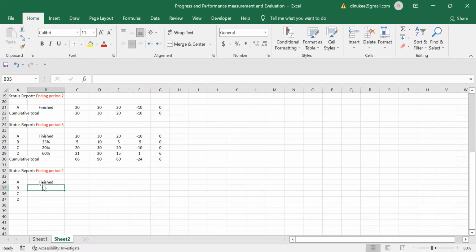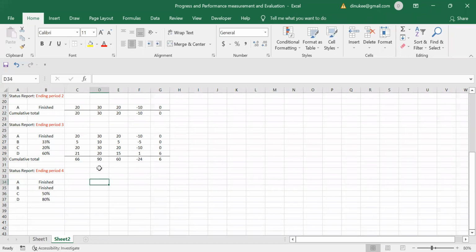Right, so the B activity is also going to be finished here. And for the C activity, it is going to be 50% completed. And for the D activity, it is 80% completed.